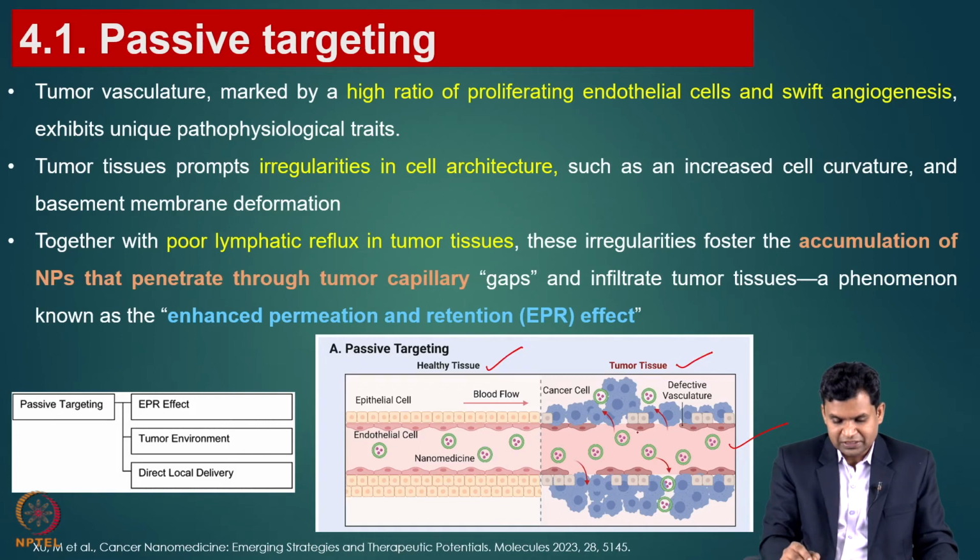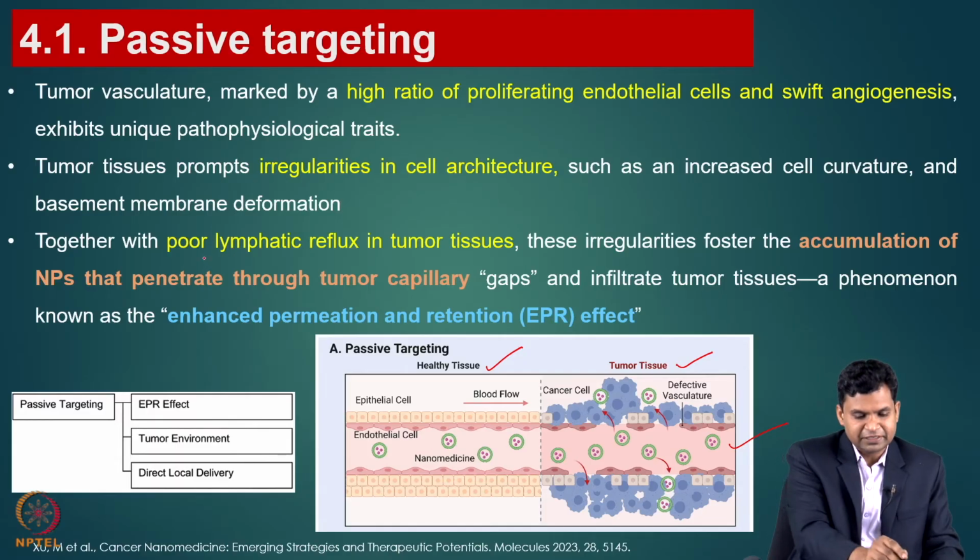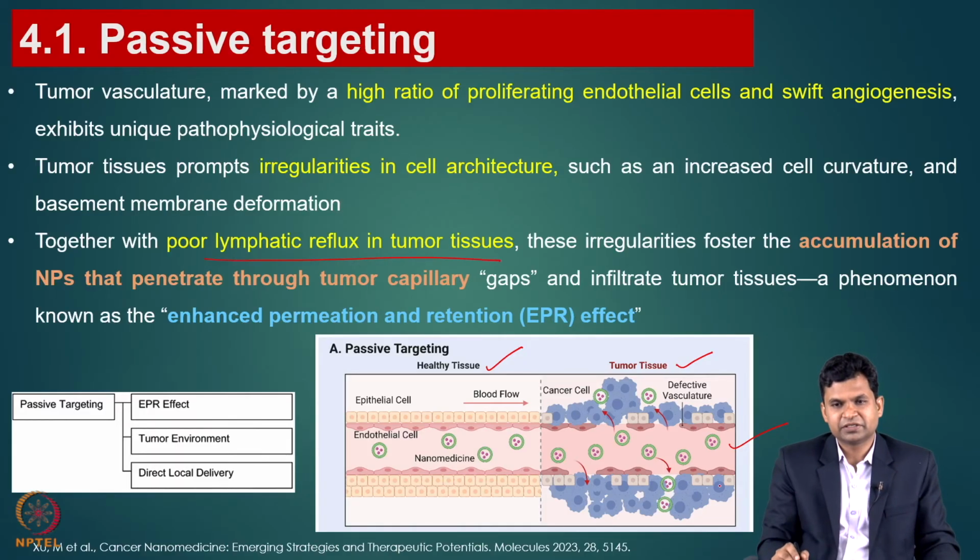There is a disturbance in the epithelial cells as well as endothelial cells, and there is high leakage in this system, and there is poor lymphatic reflux in the tumor tissues.